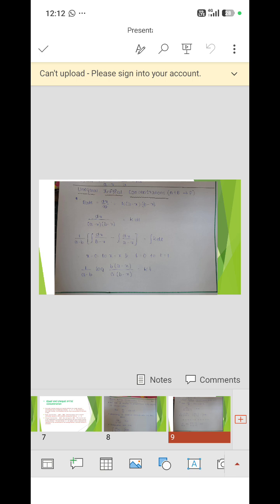Rate is equal to dx divided by dt is equal to K (a minus x)(b minus x). dx divided by (a minus x)(b minus x) is equal to K dt. 1 divided by (a minus b), integrate dx divided by (b minus x) minus integrate dx divided by (a minus x) is equal to integrate K dt, where x is from 0 to x and t is from 0 to t. 1 divided by (a minus b) log of b (a minus x) divided by a (b minus x) is equal to Kt.